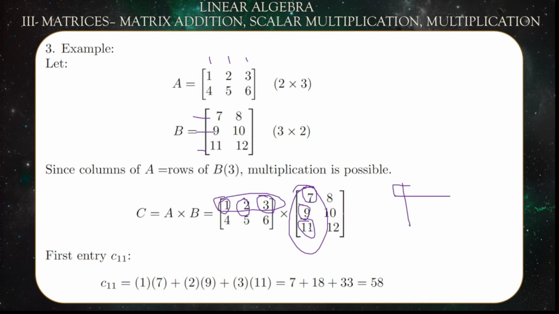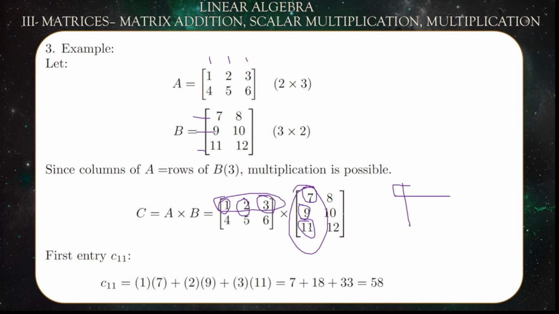Now, let us multiply for C12. So first row, second column. We are figuring out what would be the value at this position, the first row, second column, which is designated as C12. This is the first row, this is the second column within the second matrix.